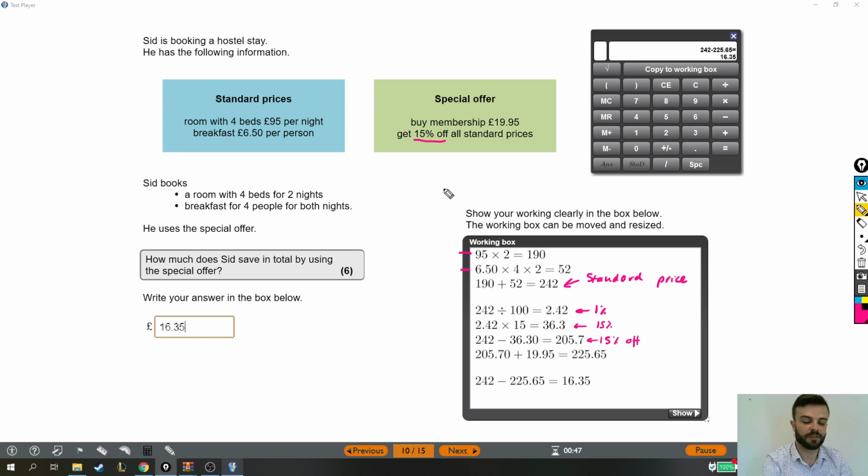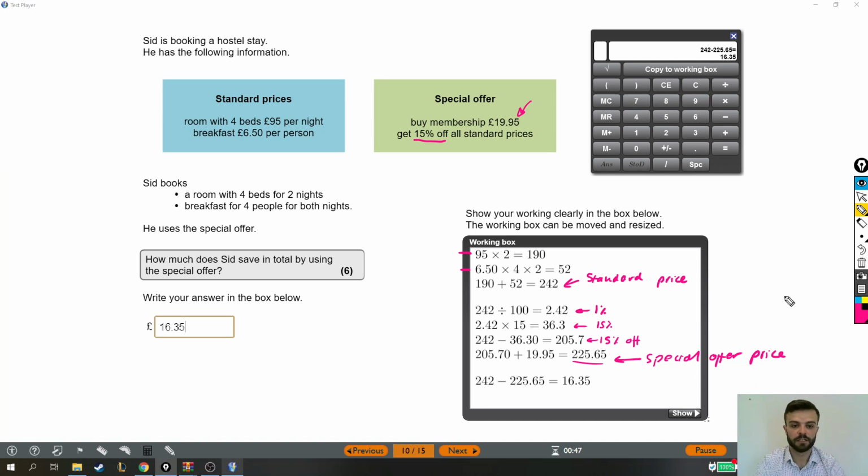However, to get the privilege of having 15% off, you have to pay membership at £19.95. So on top of this amount, which is how much the bed and the breakfast is going to cost, you add on the cost of the membership to get the actual special offer price.